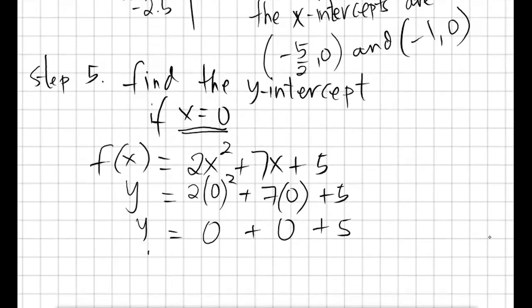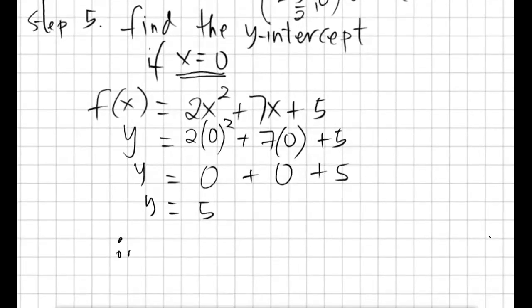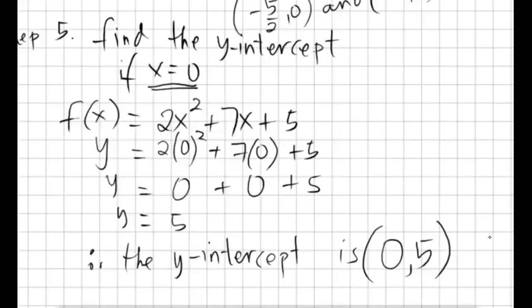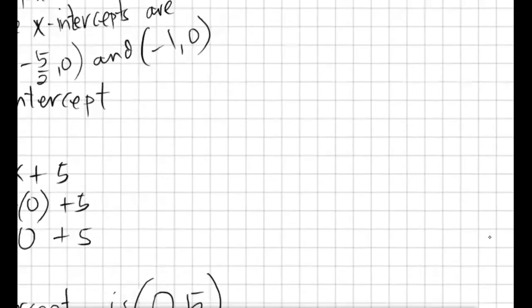So y is equal to 5. Okay, therefore, the y-intercept, or the point where the graph touches the y-axis, is 0, 5. Okay, so these are the information that we need. Now let's proceed to graphing.